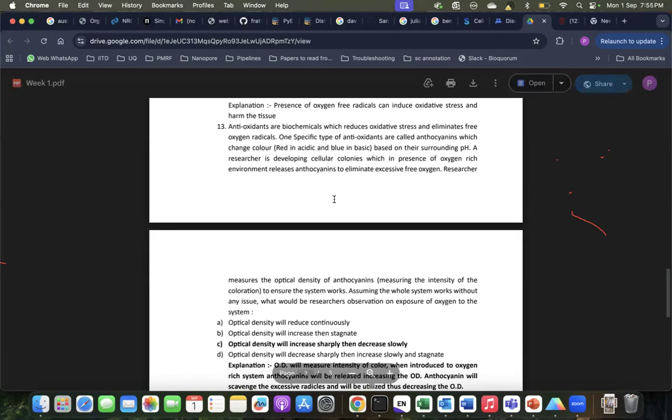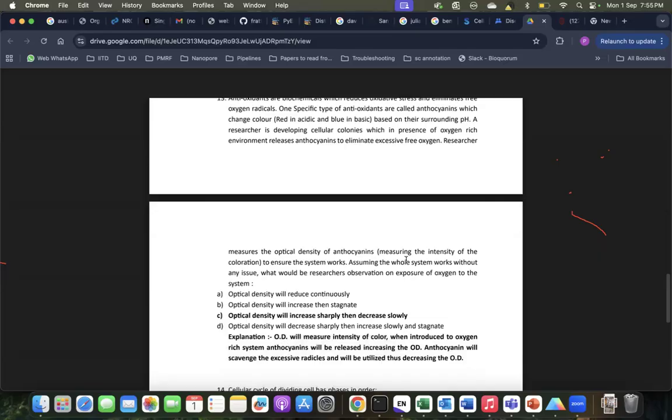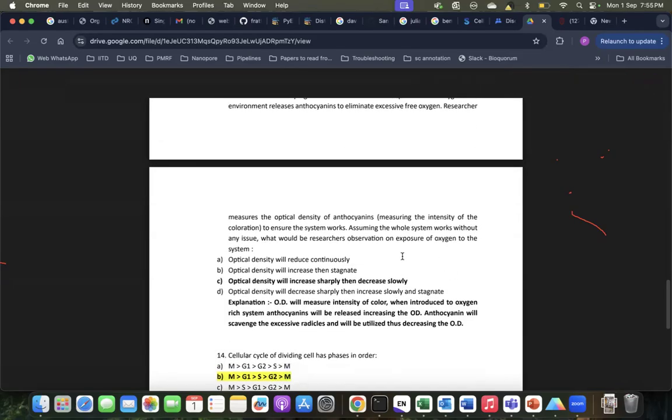What the researcher is doing is developing some colonies in an oxygen-rich environment, and these colonies release anthocyanins to eliminate the free radicals. Now, if you are measuring the optical density of these anthocyanins, where optical density is proportional to the intensity, to ensure the system is working, what would the researcher observe?